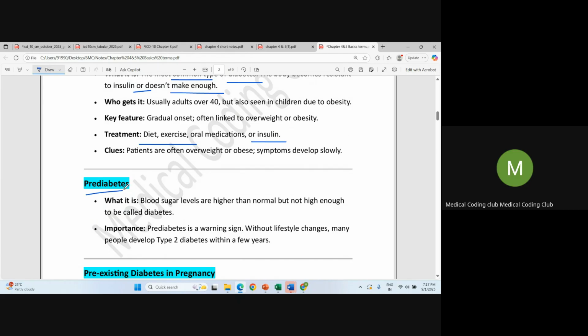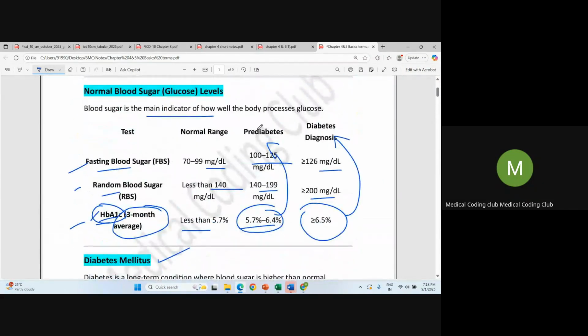So next, what is pre-diabetes? Pre-diabetes, as I mentioned, is when blood sugar levels are higher than normal, but not high enough to be called diabetes. As we saw in the range, the normal range is less than 5.7%, but in a pre-diabetic condition, it will be somewhere between 5.7 and 6.4. Sometimes if a patient has 6.4, it is almost there, just 1 point less to call it diabetes.